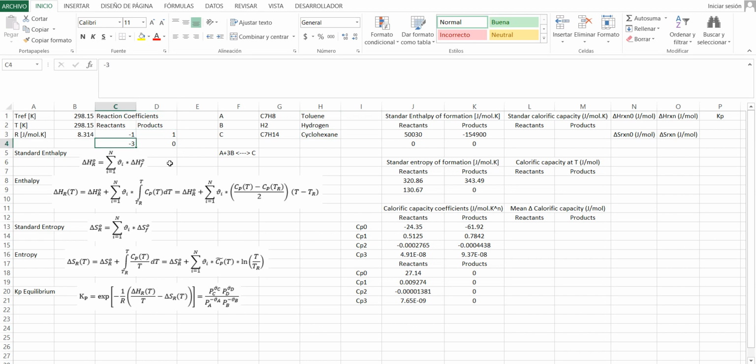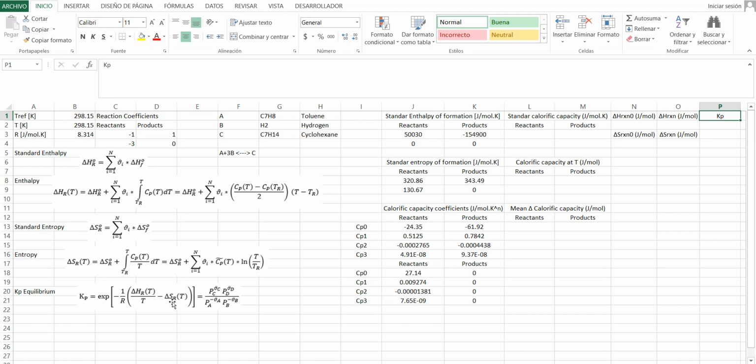Here we have the reaction once again, so we don't forget it. Here we have all the substances, all the compounds that are treated in this problem. So what is asked? We need to calculate the Kp value. To do this, let's look at the Kp equation. We need to calculate the enthalpy change and also the change of entropy.